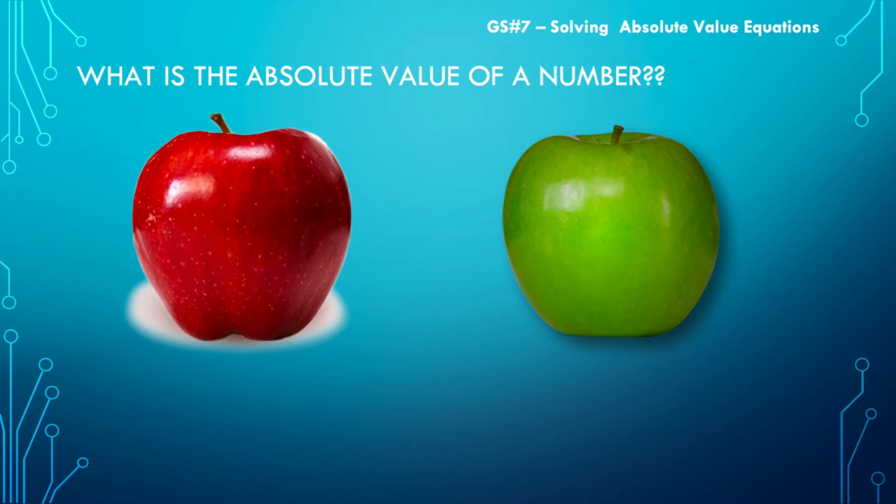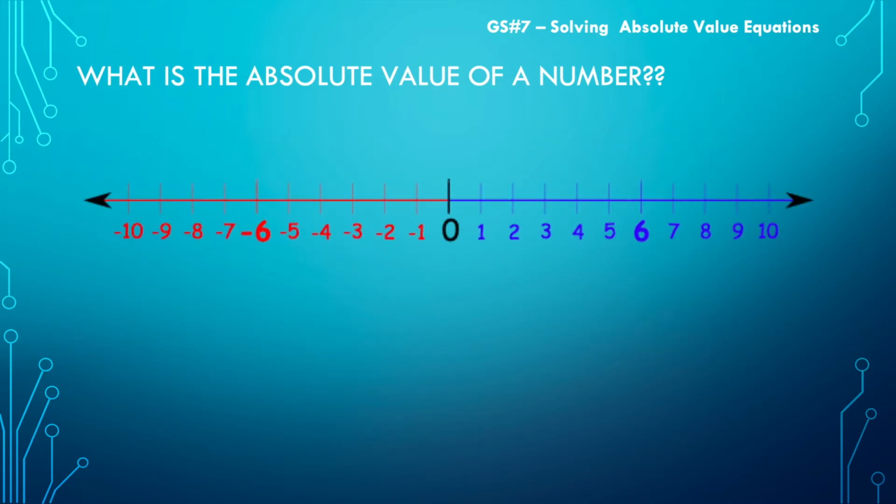Now, absolute value is similar because if we think about numbers on a number line, we have a positive variety of numbers and a negative variety of numbers. And so if you're thinking about, for example, the number 6, I have a positive 6 and a negative 6.